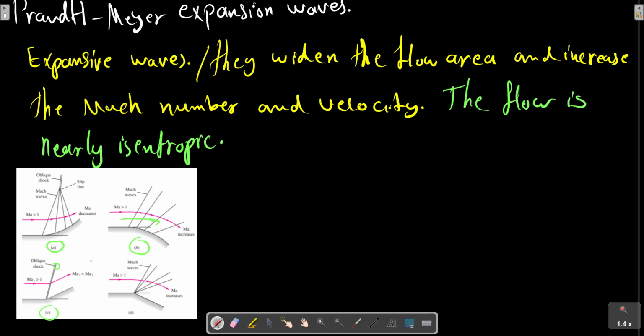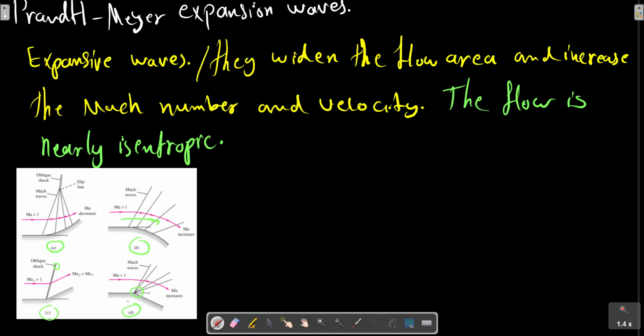Finally, the sudden expansion of the D shape is isentropic and forms a fan of centered Mach waves emanating from this point, the corner.